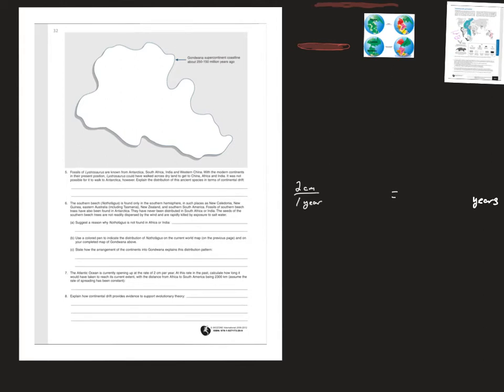Well, if you know that there is 100 centimeters in 1 meter, how do I know that? Because I know my units, and I know that centi means 100, and I know that a meter has 100 centimeters in it.